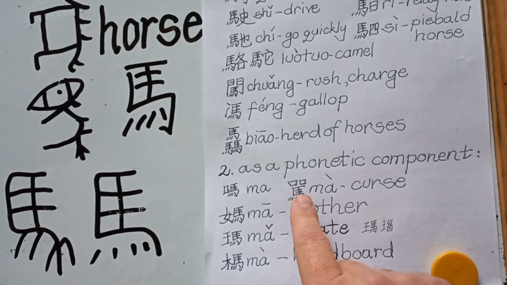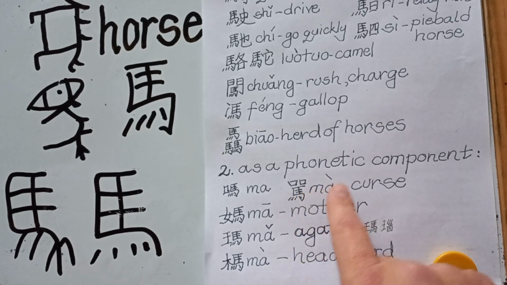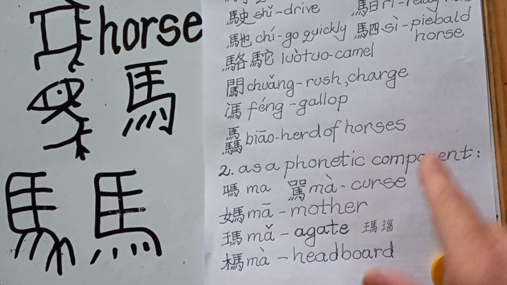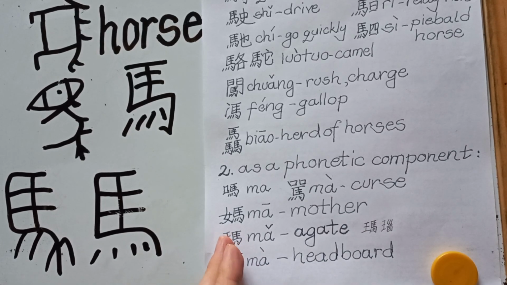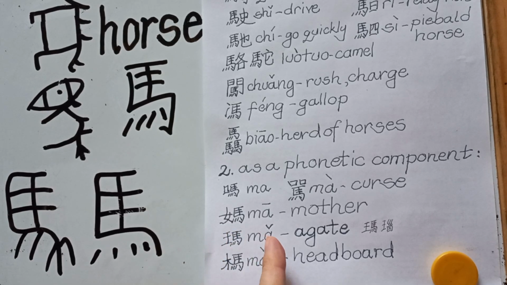So they say the new word is ma. This is very common, very frequent. Now, if we combine nü, meaning woman, with Ma, the phonetic component, we get a new word meaning mother, as in mama, mother, mama.